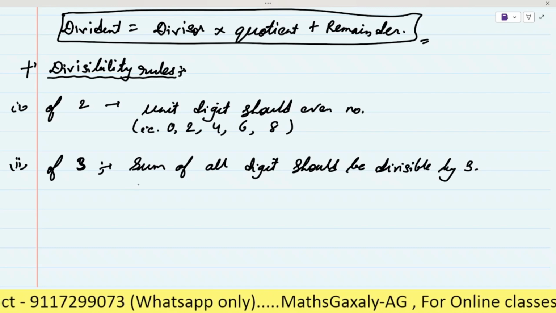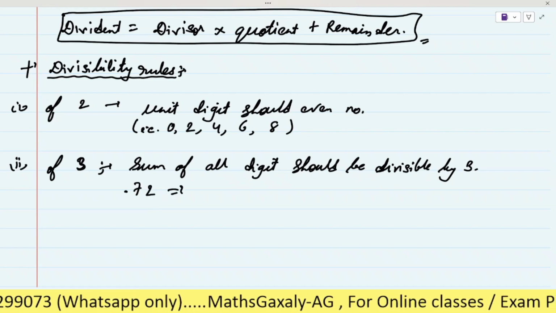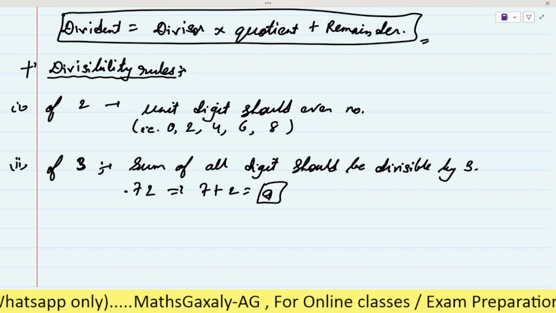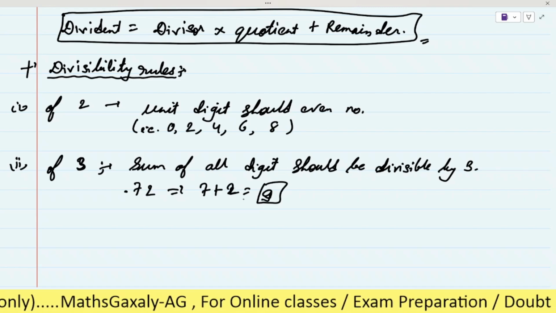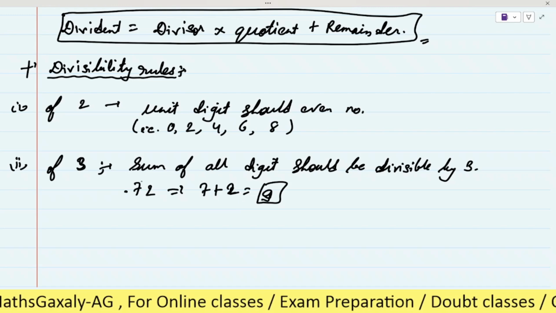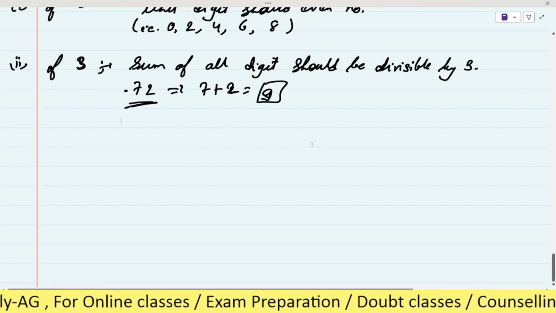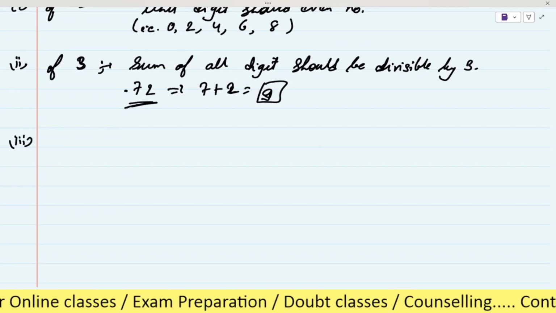Okay, as an example, 72. When you add it, 7 plus 2, you will get 9. And as 9 is divisible by 3, or we can say 9 is a multiple of 3, it means the given number will also be divisible by 3. Okay? Is it clear? I think you can note down all these things by yourself, right?